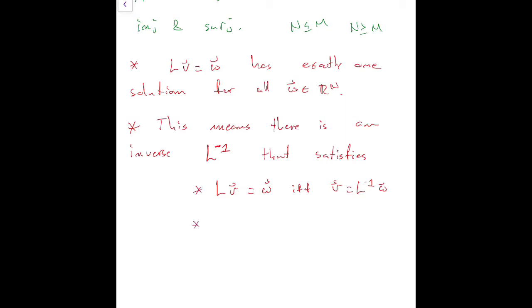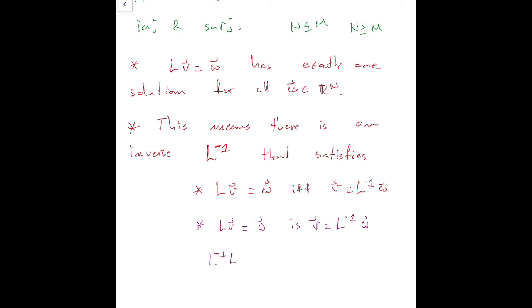Another way to think about it would be to say that a solution to LV equals W is V equals L inverse W. What we're really doing is multiplying both sides of this equation by L to the minus 1.